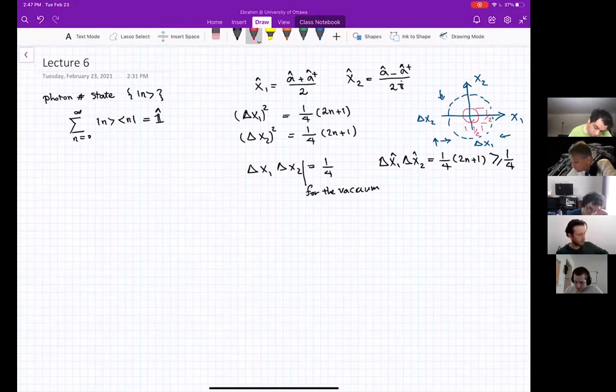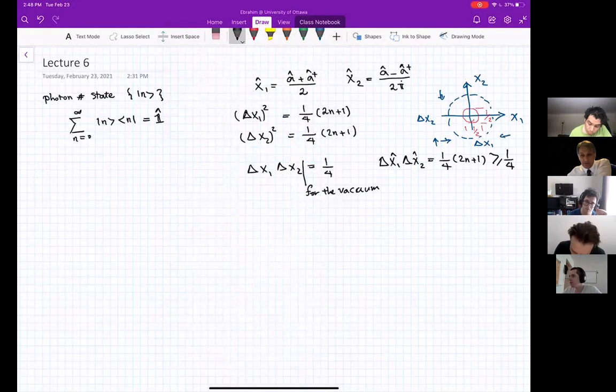Then we moved to another case, with a certain probability distribution for photon number, which we call coherent states. We have not done it by way of the displacement operator. We did it in a different way: we looked for the eigenstate of the annihilation operator, and from this we built up the state.